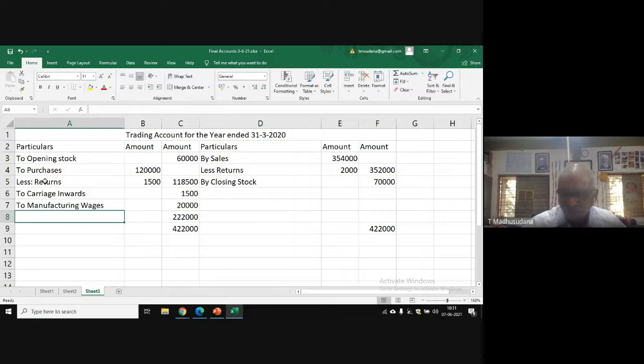What is that figure? Gross profit, within brackets, transferred to profit and loss account.